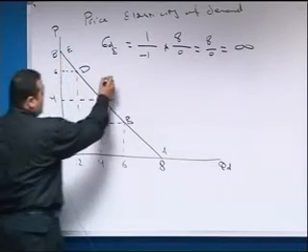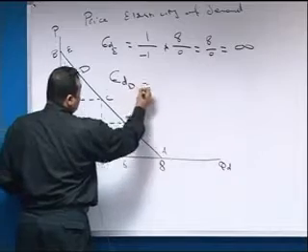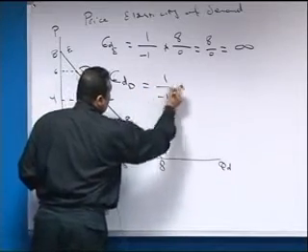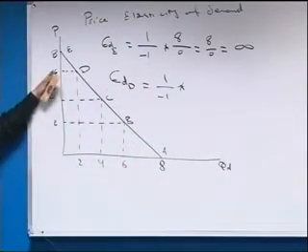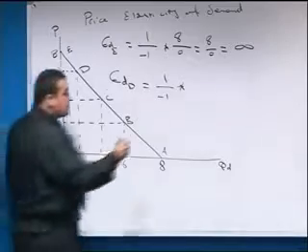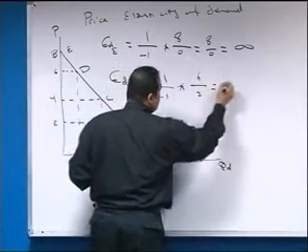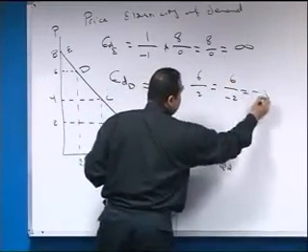At point D, ED equals 1 over minus 1 times 6 over 2, which is 6 over minus 2, equals minus 3.